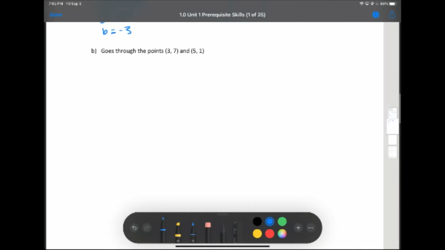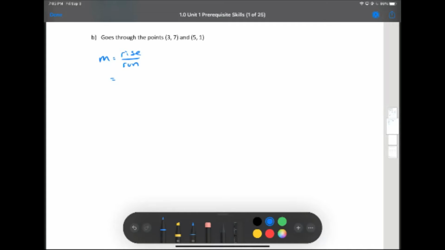Now we've got a similar question. We have a line that goes through 2 points. Well, this would be easy if we had a slope and an intercept. We have neither of those things. The good news is, if you recall, slope, m, equals rise over run. And there's different ways of writing this. You don't by any means have to do all of these. I'm just going to show you different ways. I know teachers do it.